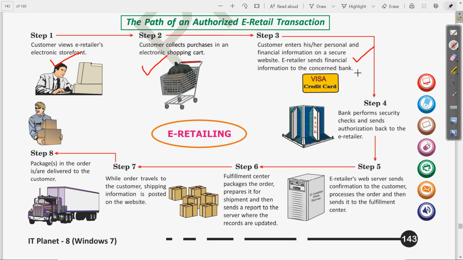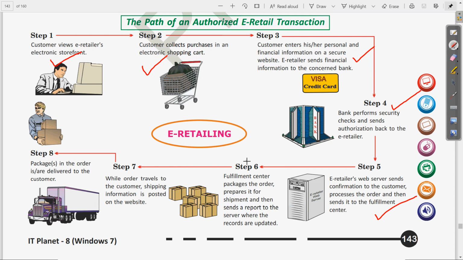Then when we make the payment and it is confirmed by the bank, with feedback from the bank to the e-retailer, the e-retailer sends you the invoice, and information is also provided to the customer that the product has been booked, via message or via mail.